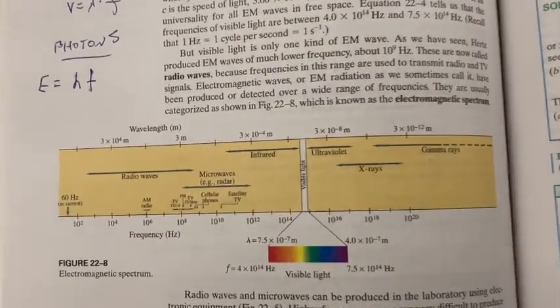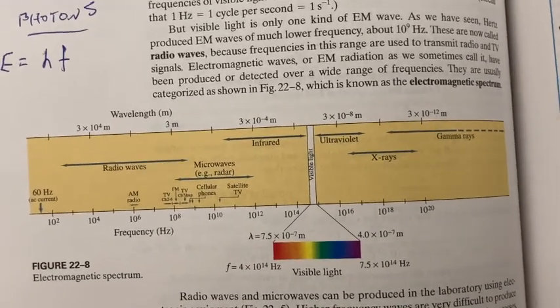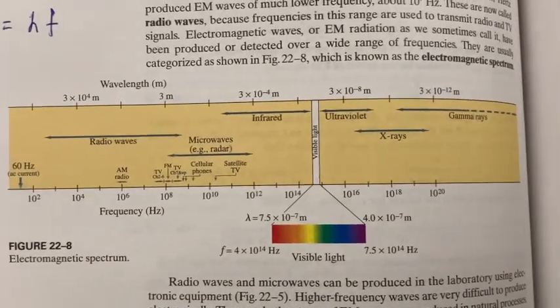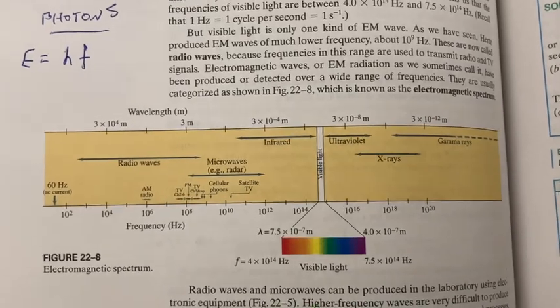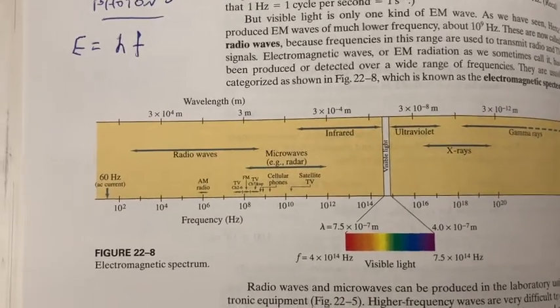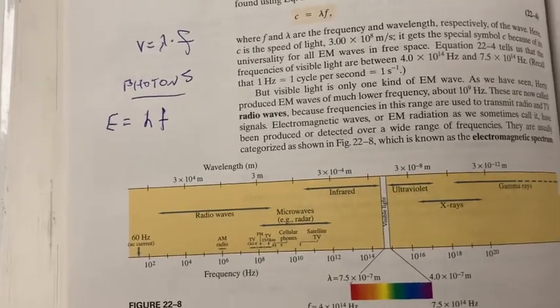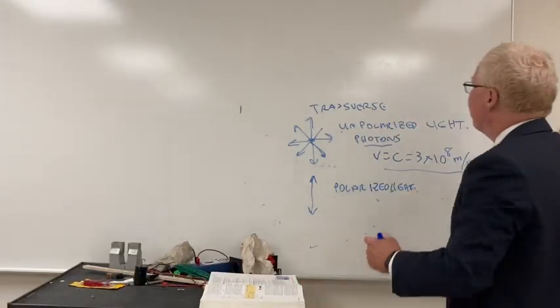As far as the electromagnetic spectrum, you can see on the far left we have 60 hertz, very low frequency and very long wavelength. On the other end we have gamma rays. And in the middle we have visible light.